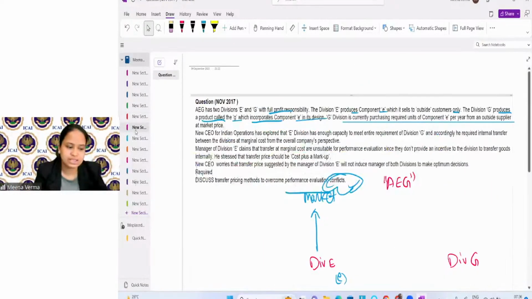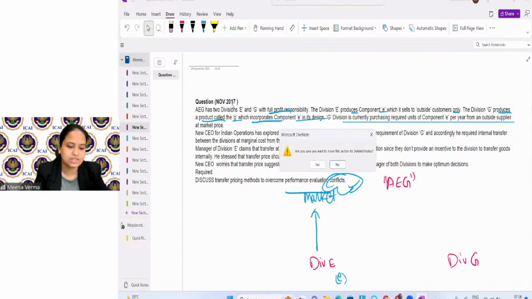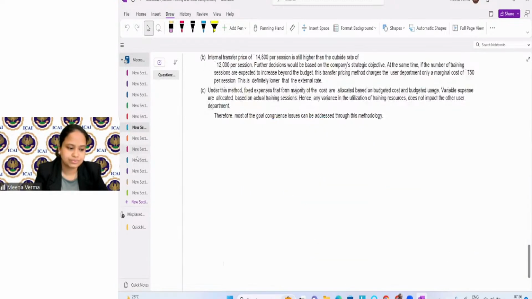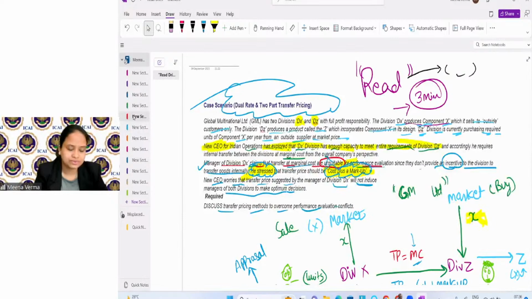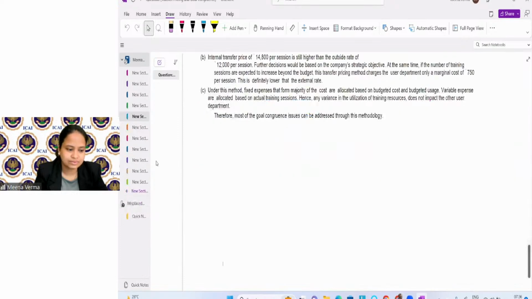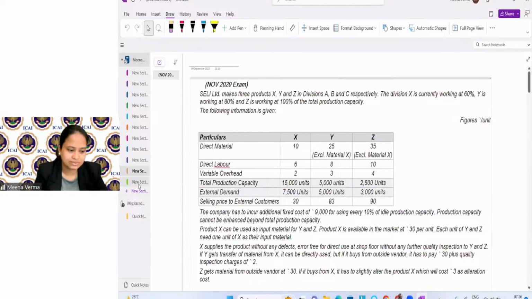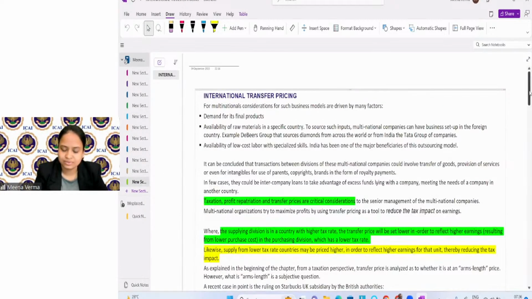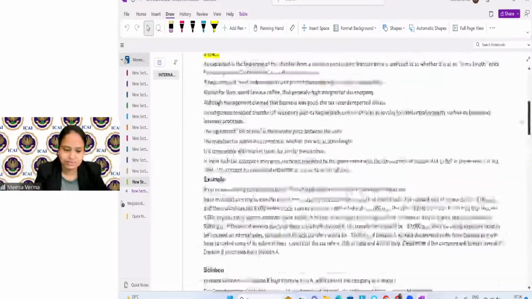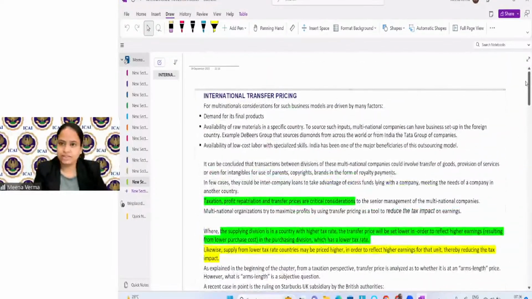So this is the concept of transfer pricing. Let's take some more points now. Okay, dear. The next concept is related to international transfer pricing. Now, the question comes here: what is international transfer pricing?